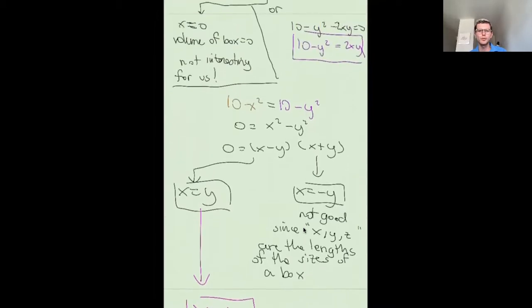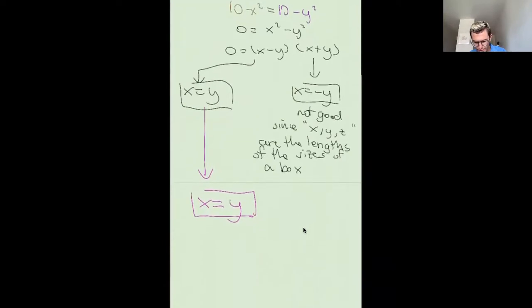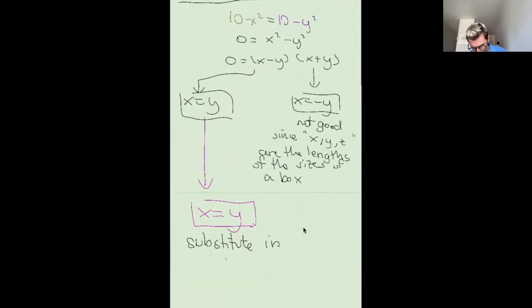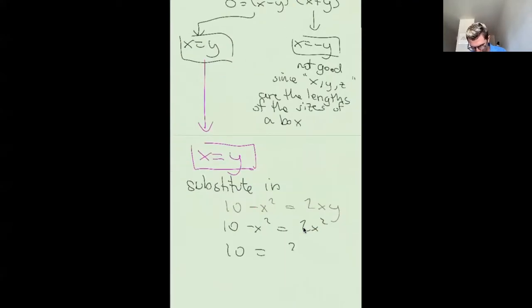And then you go back into your favorite equation that we had used. For example, you can substitute that into the equation that I wrote before, 10 minus x squared equals 2xy. And so now this becomes 10 minus x squared equals 2x squared. So 10 equals 3x squared.